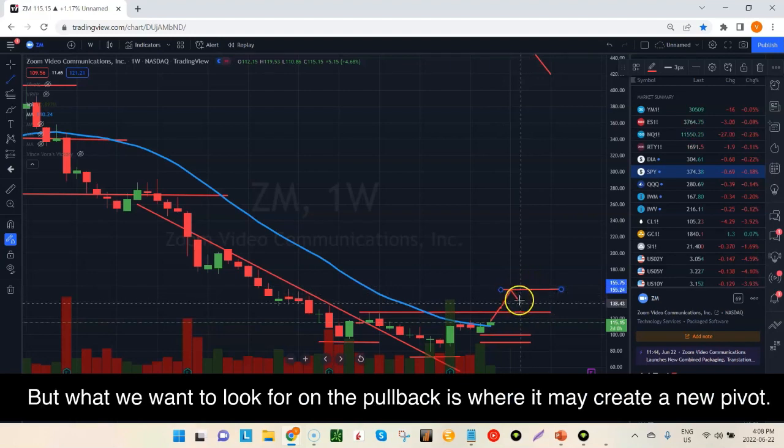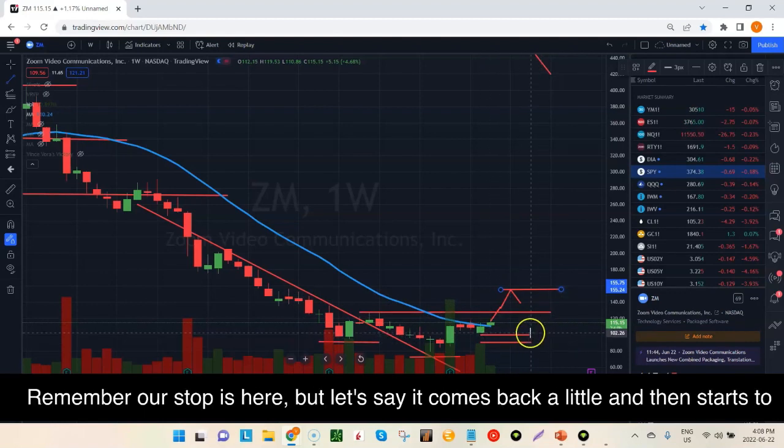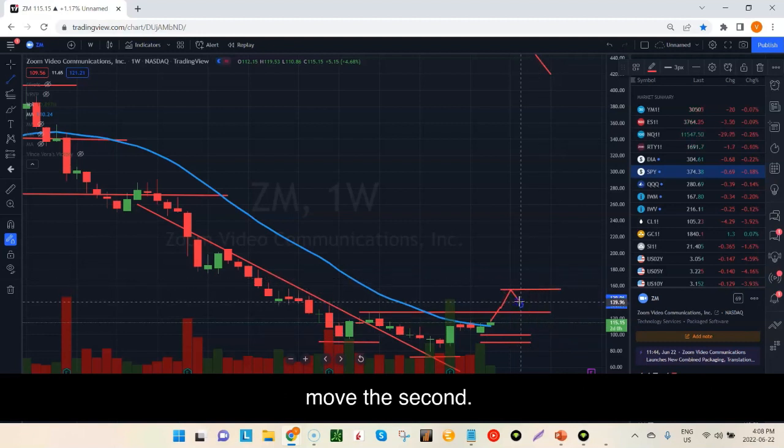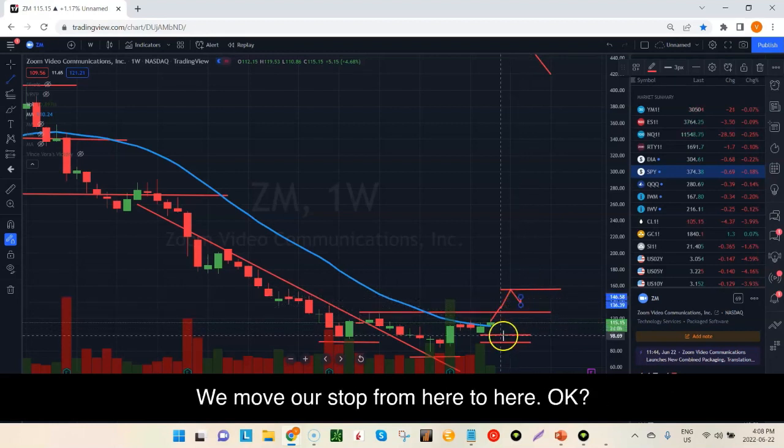But what we want to look for on the pullback is where it may create a new pivot. Because if it comes all the way back below this candle here, we're going to get stopped out, right? Remember, our stop is here. But let's say it comes back a little and then starts to move. The second it creates that pivot and starts to move higher, we move our stop from here to here, okay?